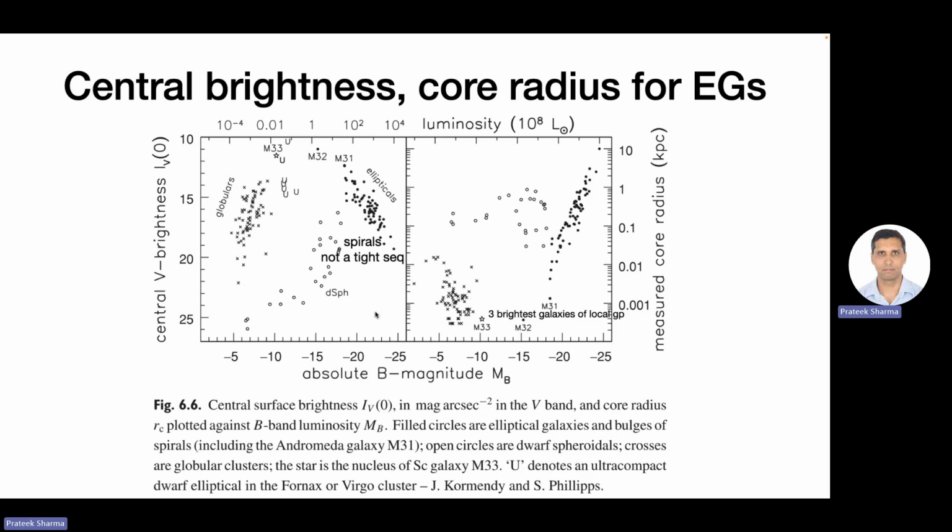If you know the mass of the star, you know its temperature, you know its luminosity. In the same way, elliptical galaxies have these tight correlations, whereas if you put spirals on this, their distributions are not as tight. And this is for normal ellipticals, but then there are these dwarf ellipticals and so on. There's a lot of information in figures like this.